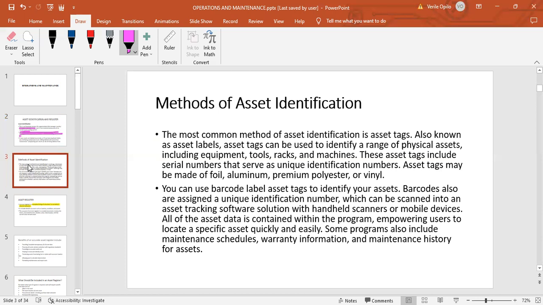The most common method that we usually have is what we call asset tags, where you label your assets in the company using tags. So you have some documents, you print them out and then you stick these tags on them, or you print a piece of paper, you laminate it, and then you stick it on the asset.